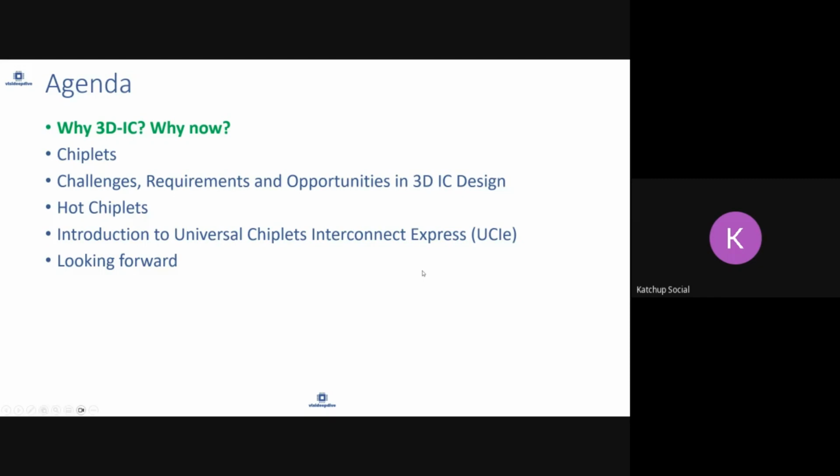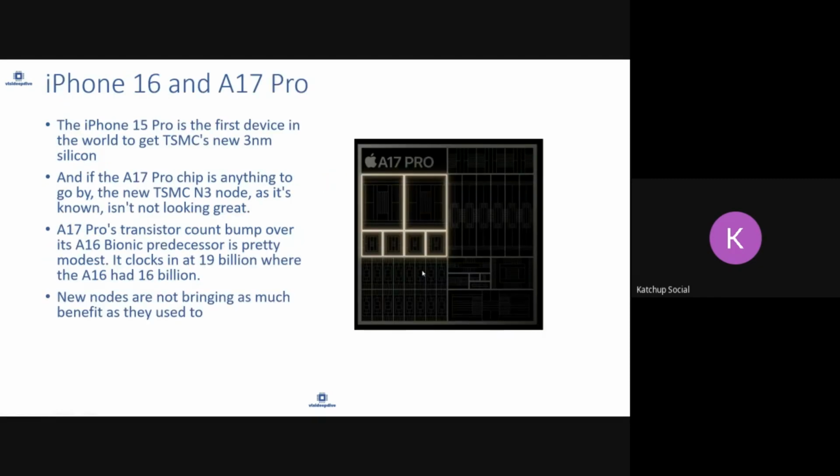So before I get started, I will talk about a couple of recent news items. One is that iPhone 16 was released with the A17 Pro, and the iPhone 16 Pro. It was the first device to get TSMC's new 3 nanometer silicon, the A17 Pro chip. If you look at how 3 nanometer technology has evolved, it was not as great in terms of performance.